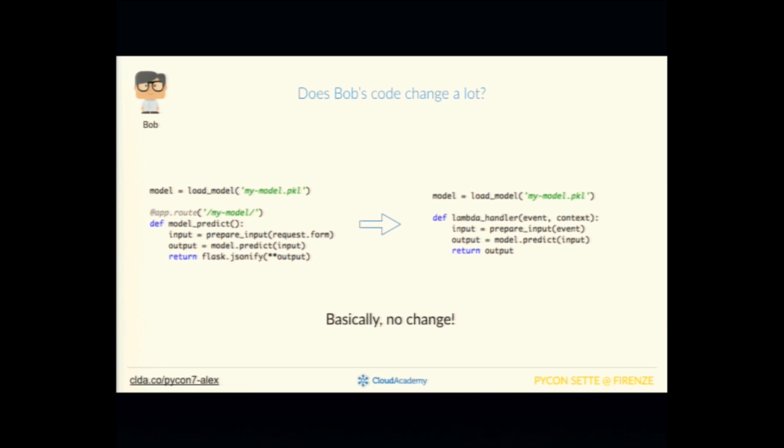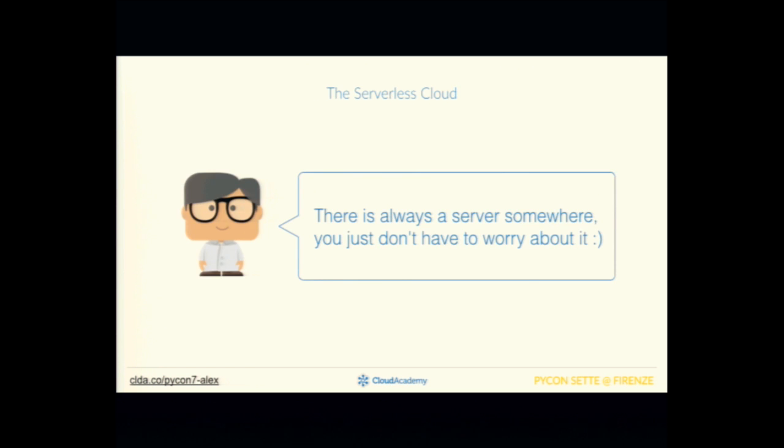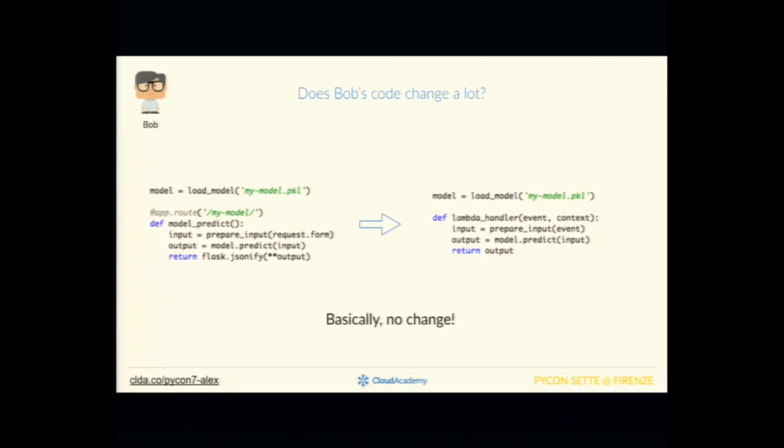But we still have a problem. How do you update your model? Because here, what you have to do with Lambda and API Gateway is deploy each single Lambda function individually, and like this, I'm loading a local file. So I'm still stuck with my model.